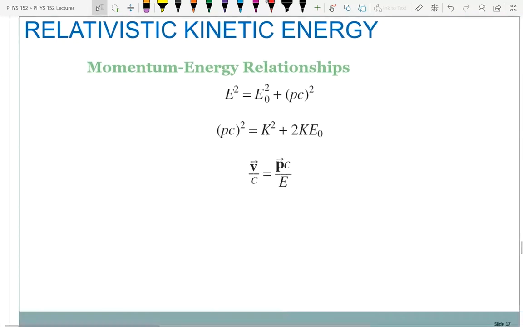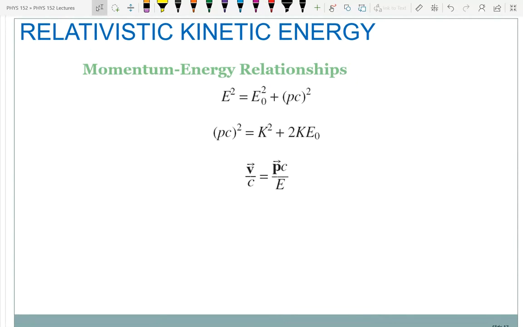A couple more equations here. Relativistic energy relationship. This here is a new equation. That new equation actually comes from the invariant that I mentioned, the energy momentum invariant. So the total energy squared is equal to the rest energy squared plus momentum times speed of light quantity squared.